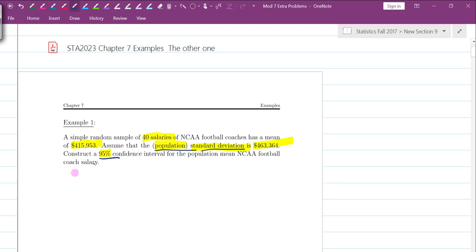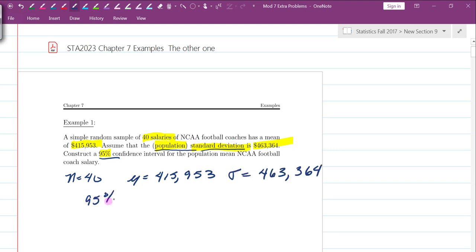So we have our sample size is 40. We have our mean is 415,953. We have population standard deviation, which is sigma. We're doing a 95% confidence interval.